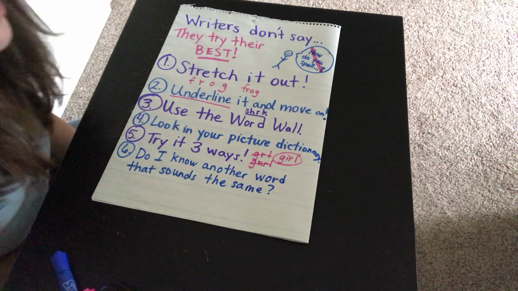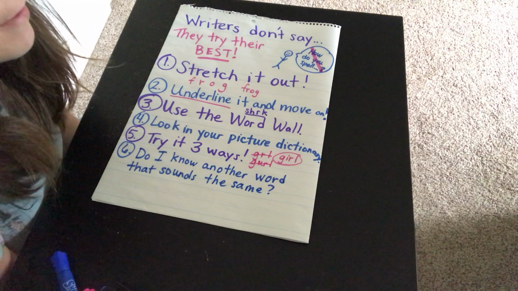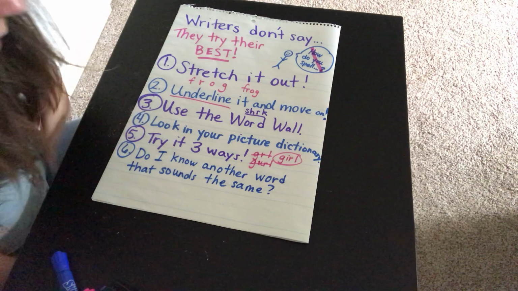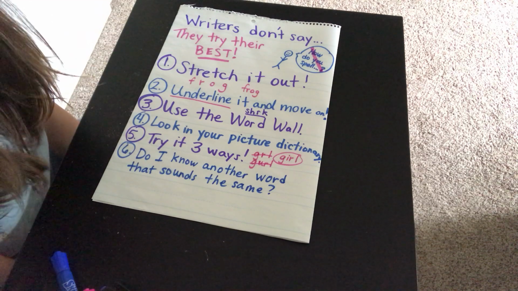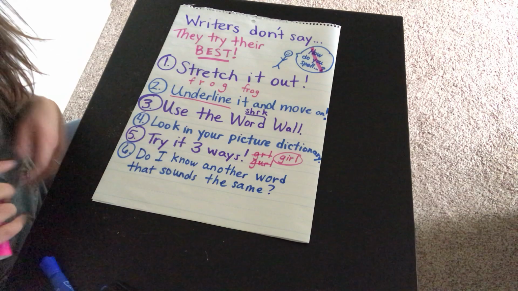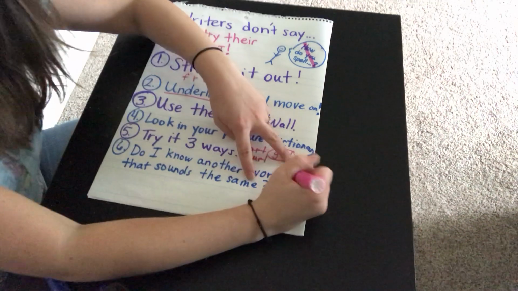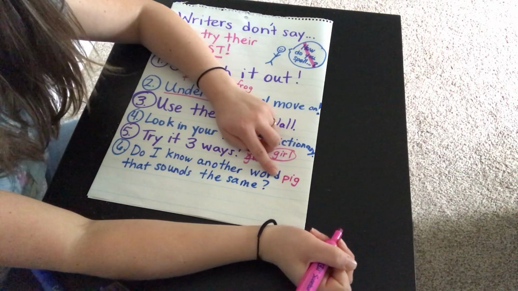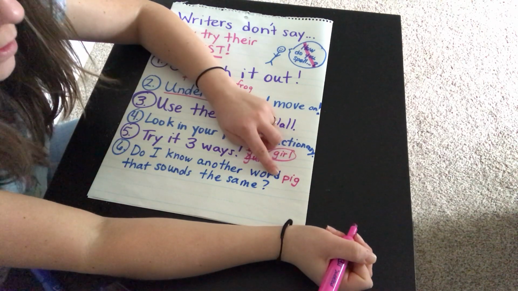So if I'm trying to spell the word fig, okay, fig. If I'm using this strategy of thinking of a word that I know how to spell that sounds the same as fig, I could go, oh, well, I know pig is P-I-G, pig. And pig sounds a lot like fig. Pig, fig.